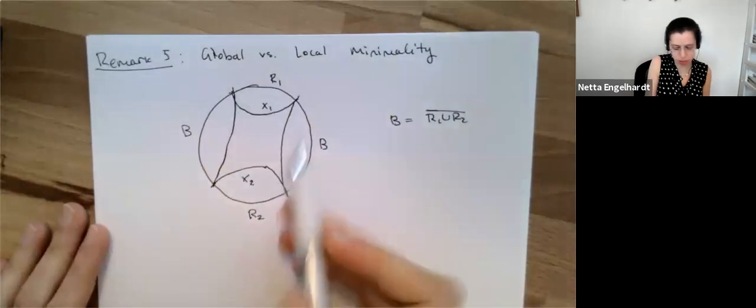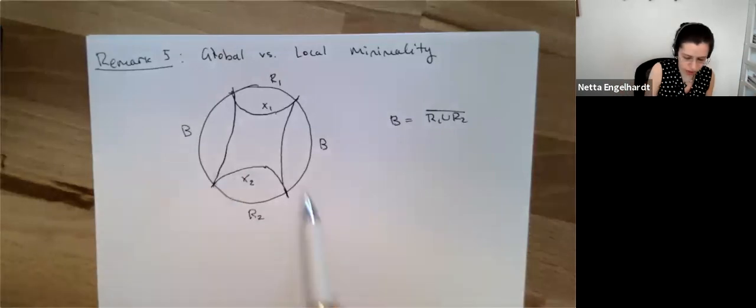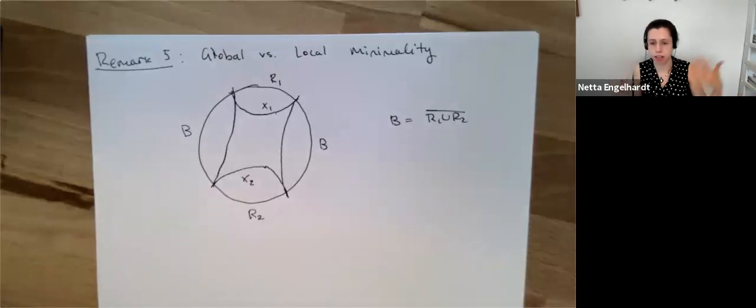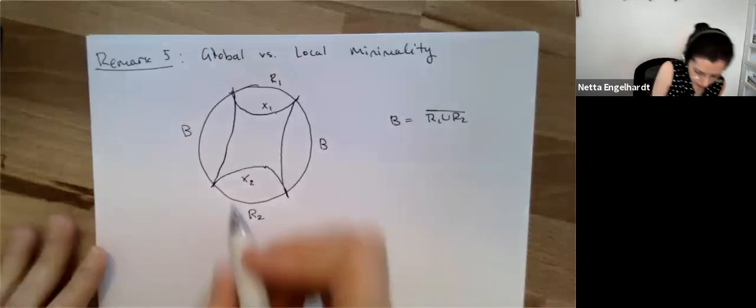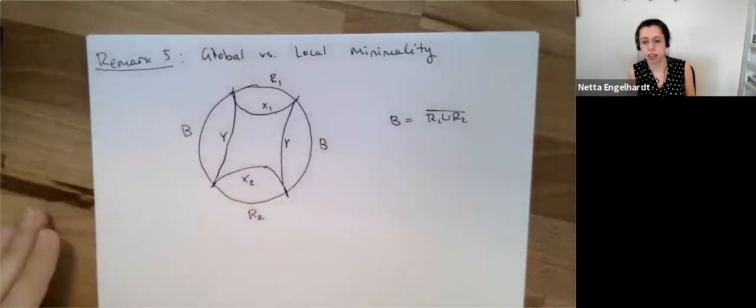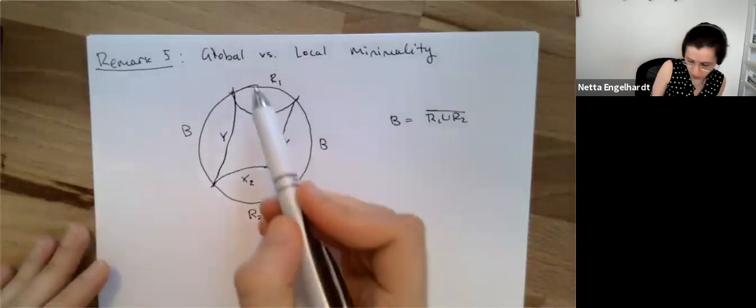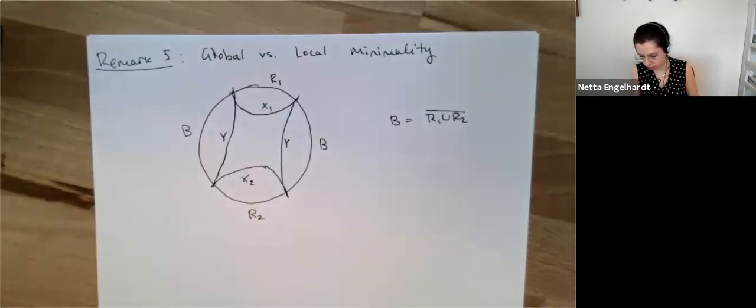So x1 is the minimal surface of R1 if we were not even thinking about the fact that there's an R2 in there, and x2 is the minimal surface of R2 if we were not thinking about the fact that there's an R1 in there. And then we have this additional surface y, which is still homologous to R1 union R2, but would not be a candidate surface for just R1 or just R2.